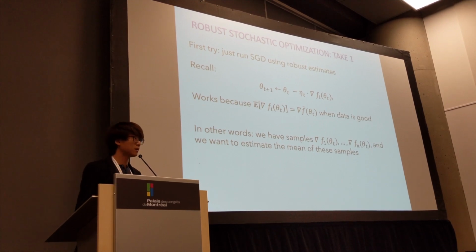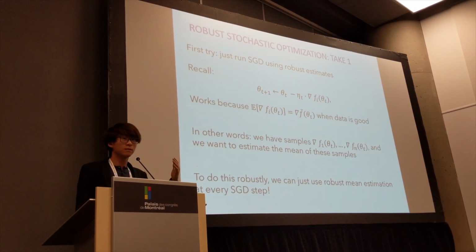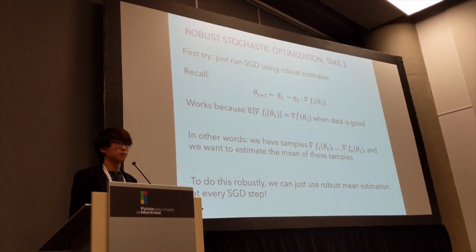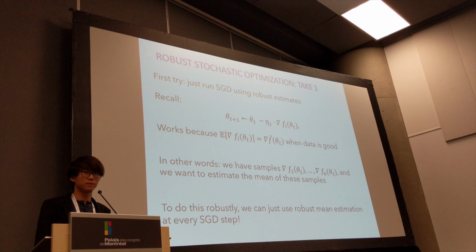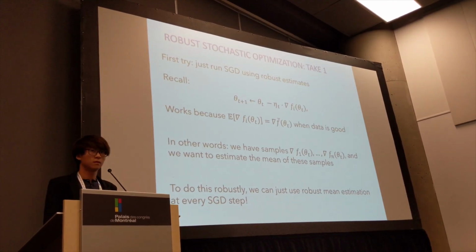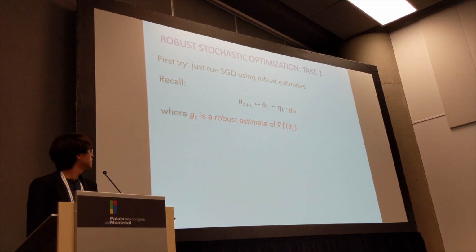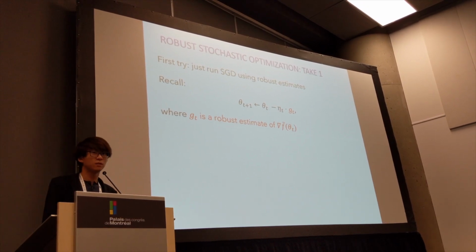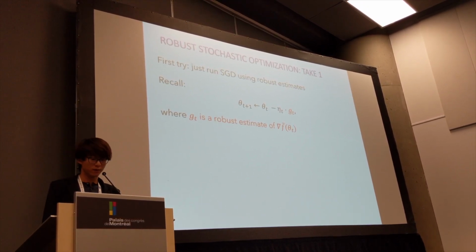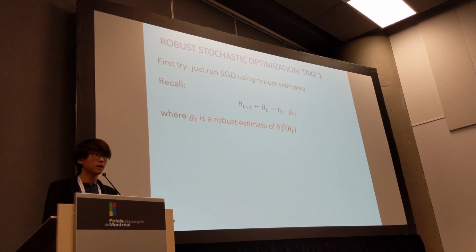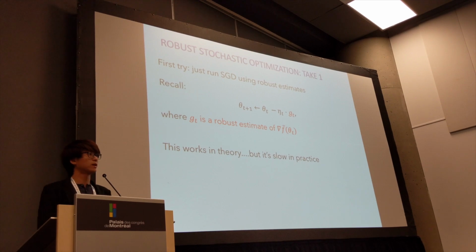When there are corruptions, and we have this technology of robust mean estimation, a very natural thing is to use some robust mean estimate at this step instead. So instead of going in the direction of a gradient, go in the direction of G sub t, where G sub t is some robust estimate for the gradient at your step. And it turns out this works. In theory, it gets optimal rates, but it's somewhat slow in practice.